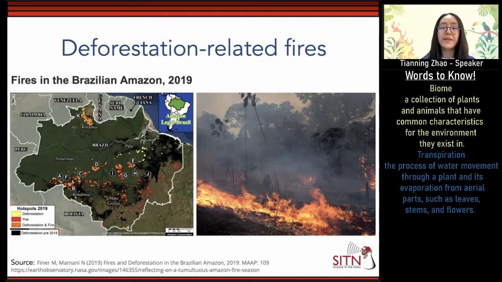And so they came to the conclusion that the deforestation-related fires are mainly responsible for what was happening in 2019.